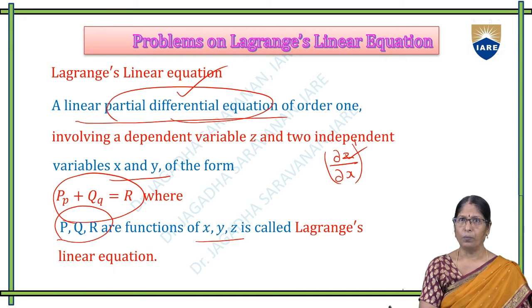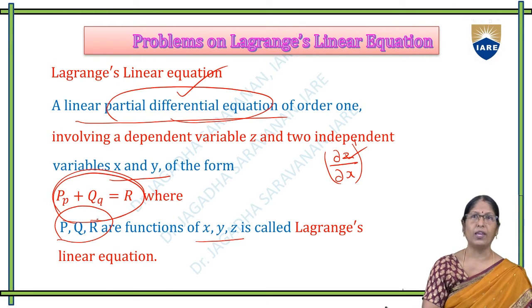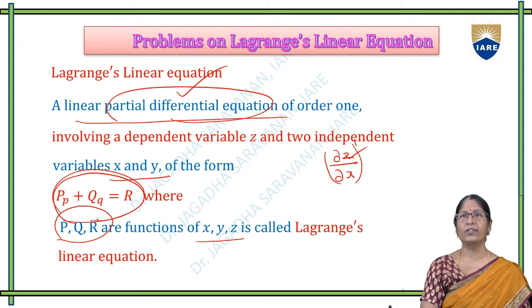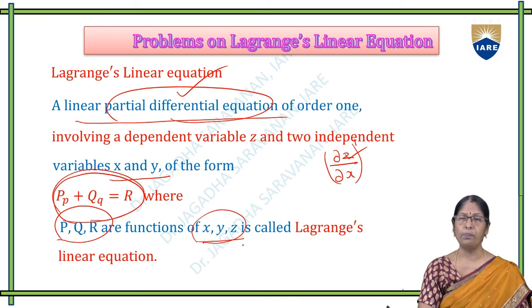So for whatever question is given, first we have to check whether it is in the format Pp + Qq = R, where P, Q, R are defined as functions of the dependent and independent variables.